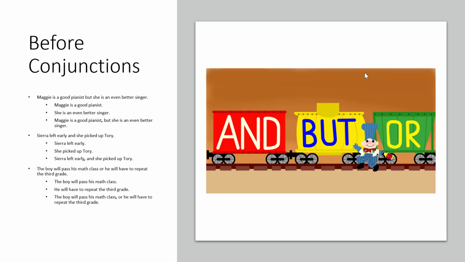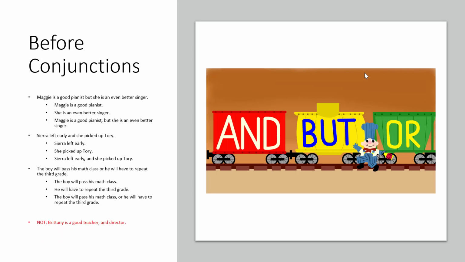So in this case, you almost need that conjunction to show how serious this is. So we have the boy will pass his math class, comma, or he will have to repeat the third grade. So those two individual sentences are grammatically correct. However, the meaning changes when you add the comma and the conjunction to combine those two thoughts.